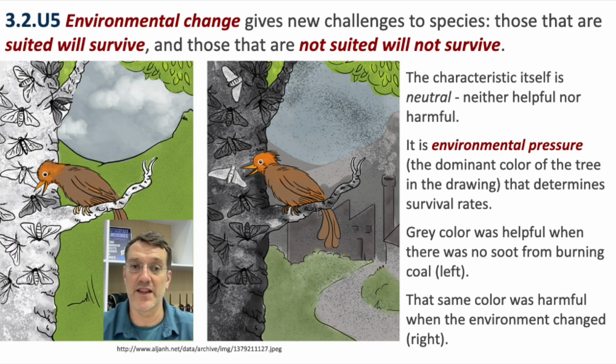That meant the lighter colored moths began to stand out against the background, and the darker colored moths were more easily camouflaged. So the predators switched from eating the dark moths to eating the light moths. Again, the moths didn't choose to evolve, but the environment changed and applied a new environmental pressure on the moths. So there was a shift in the gene pool.